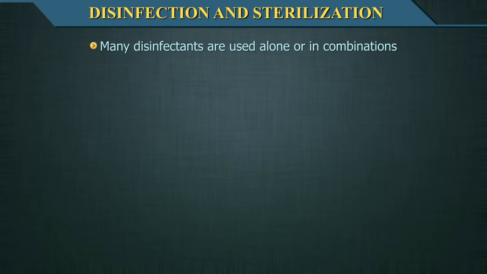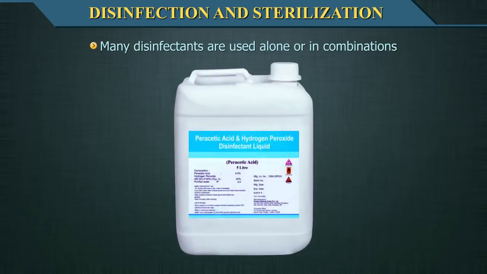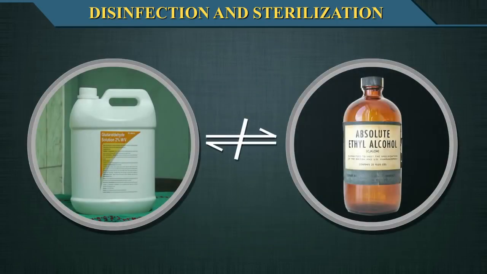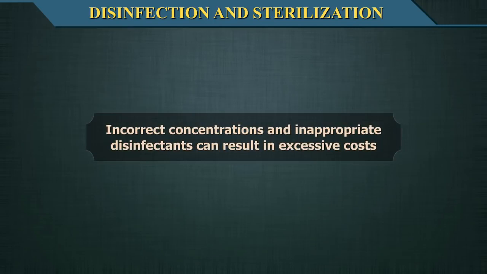Many disinfectants are used alone or in combinations, for example, hydrogen peroxide and peracetic acid, in the healthcare setting. Users should read labels carefully to ensure the correct product is selected for the intended use and applied efficiently. Disinfectants are not interchangeable, and incorrect concentrations and inappropriate disinfectants can result in excessive costs.